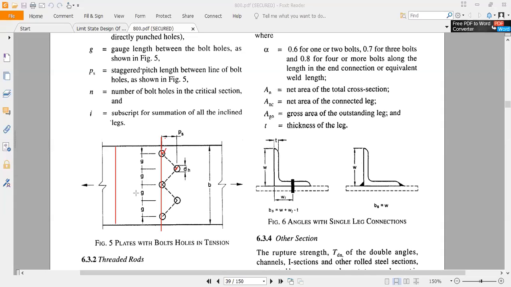So the area will be b into t. But if there are some holes, then b will get reduced, the breadth will get reduced. How much? By three holes, because there are 3 holes.